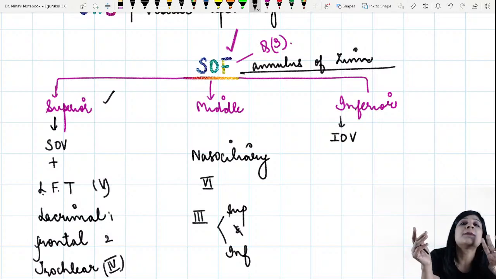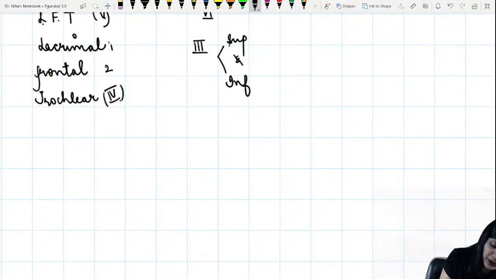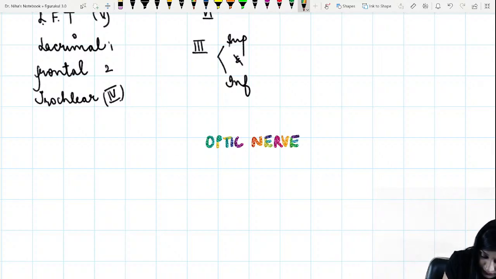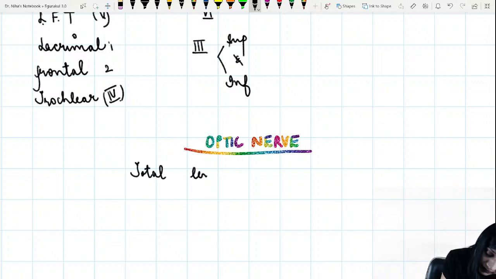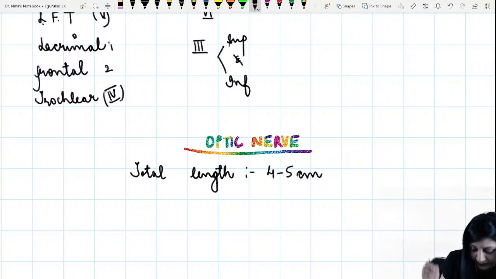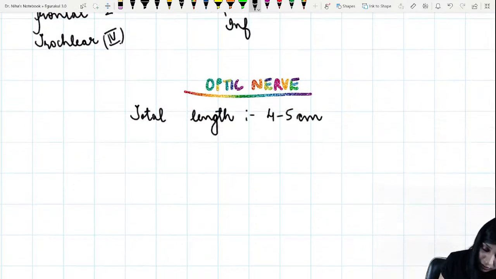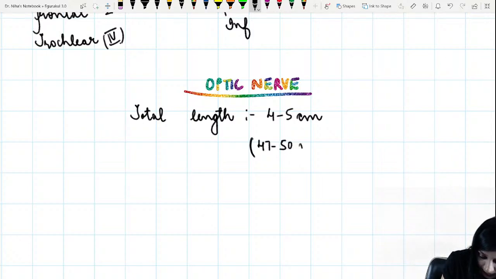Now what are the four parts of optic nerve? Let's talk about that. If I talk about the optic nerve, these are all the related questions. So you know that the total length of the optic nerve is actually 4 to 5 centimeter, or you can say it is 47 to 50 mm.